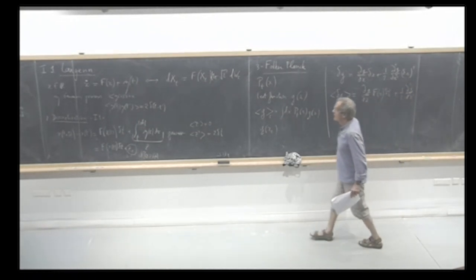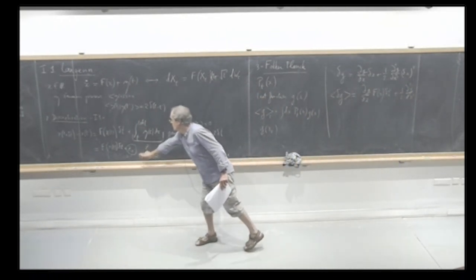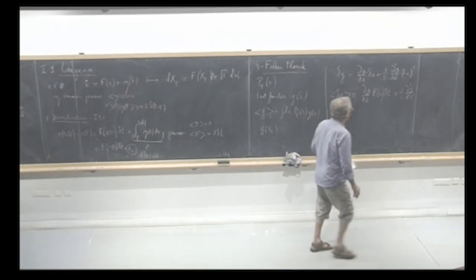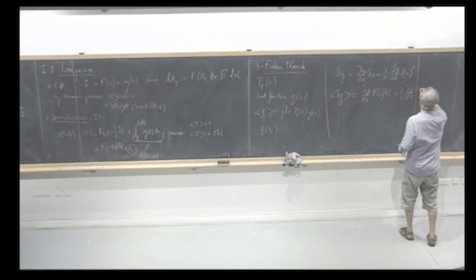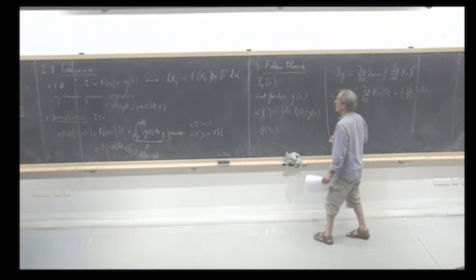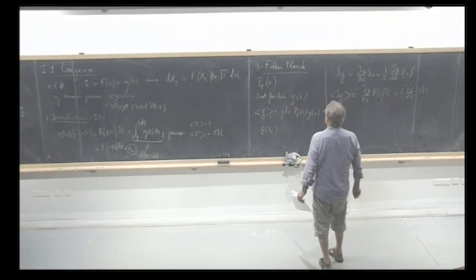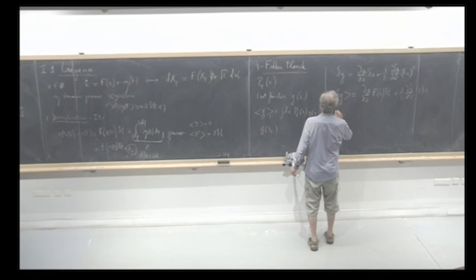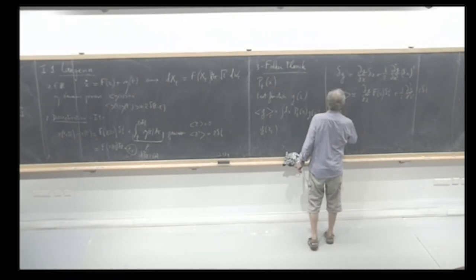And here I have the second piece, which is the z squared average, and which gives me a 2 delta t.